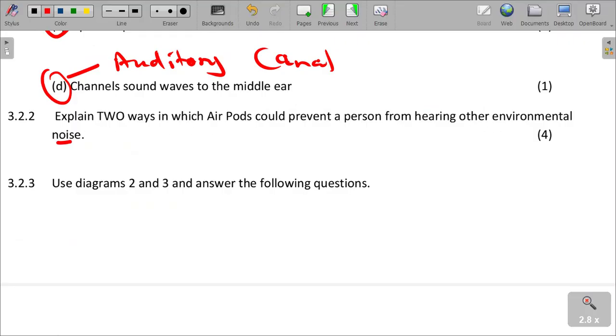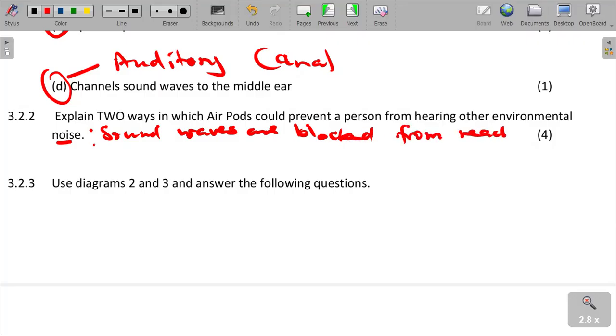So now, what happens is that one, the AirPods block the auditory canal and prevent the sound waves from the environment from reaching the tympanic membrane, which we said is responsible for vibration. That is one way.